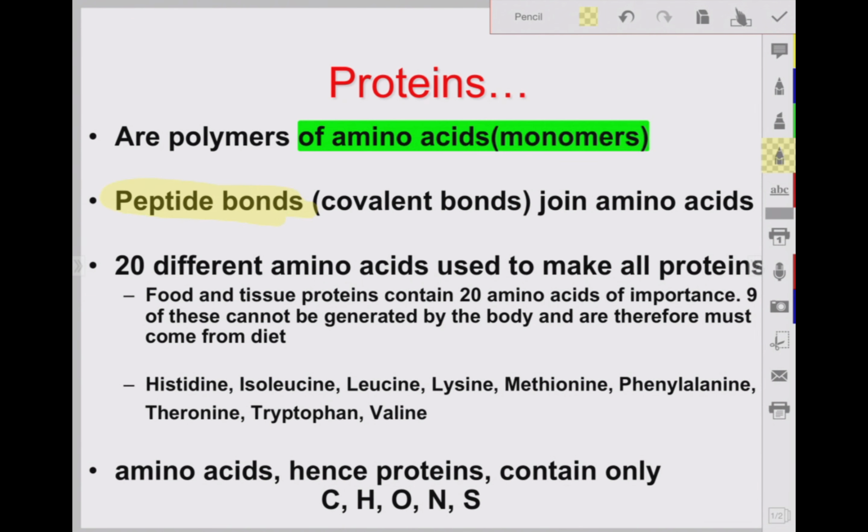Now, these names are kind of interesting. When you look at them in tables, they usually only use the first portion. And I'll just do a little highlighting here. Histidine, for example, you'll just see represented with the first three letters. Isoleucine, leucine, lysine, methionine, phenylalanine, and the list goes on.